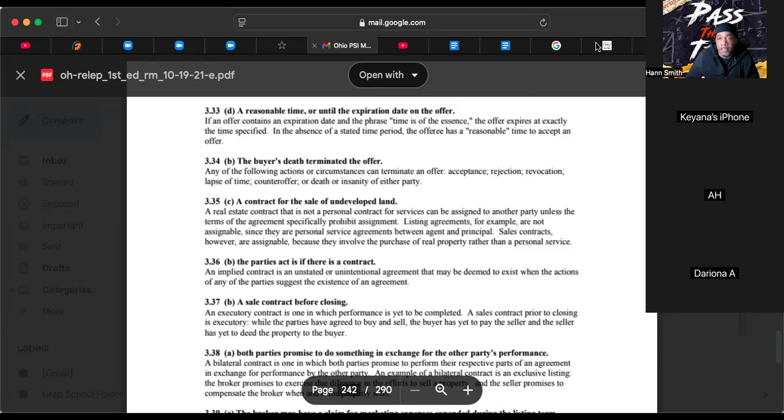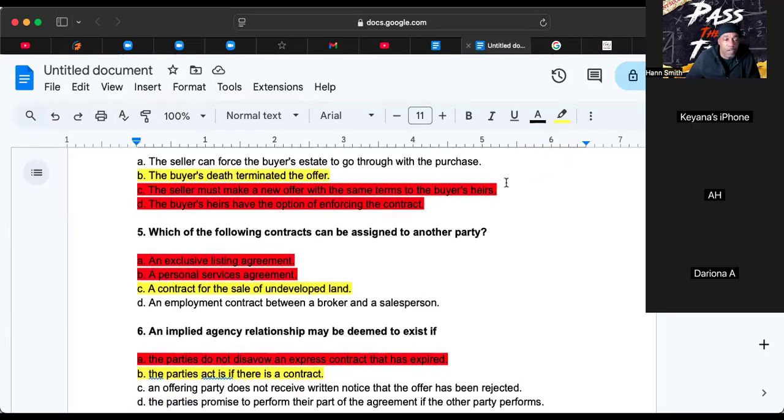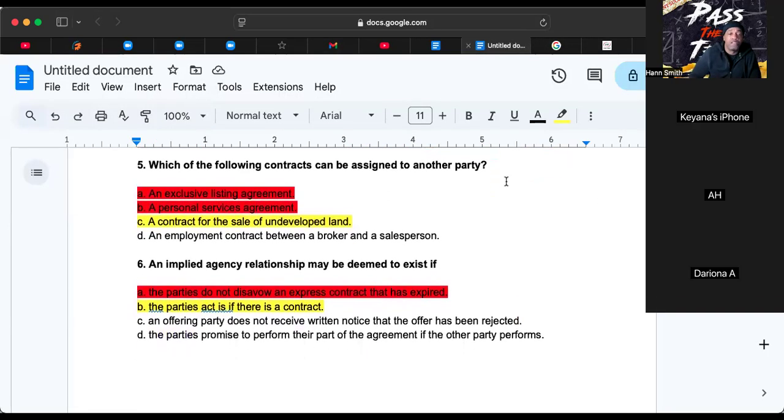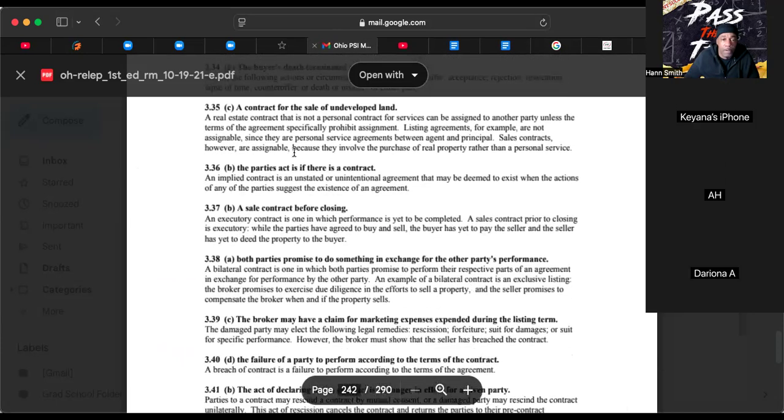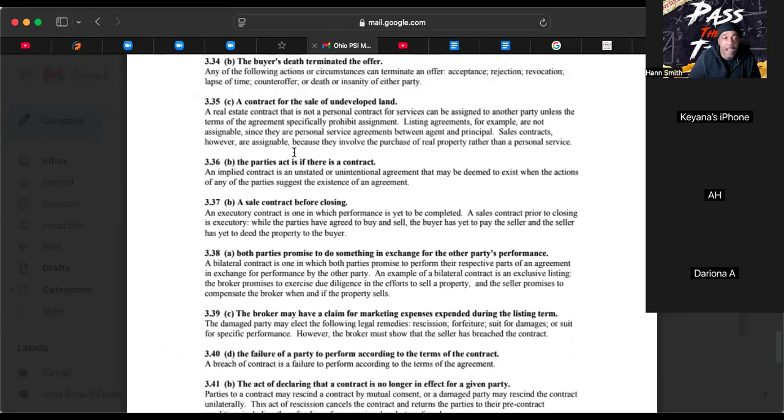Number 5, we said a contract for selling undeveloped land. I remember that question too. That question was, which of the following contracts can be assigned to another party? We said C, a contract for selling undeveloped land. That was the answer. It says a real estate contract that is not a personal contract for services can be assigned to another party.